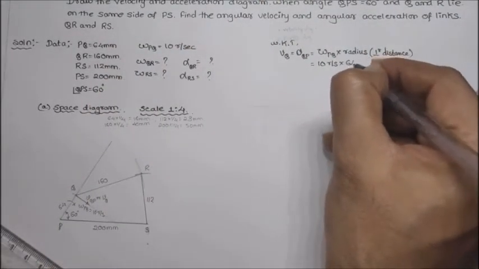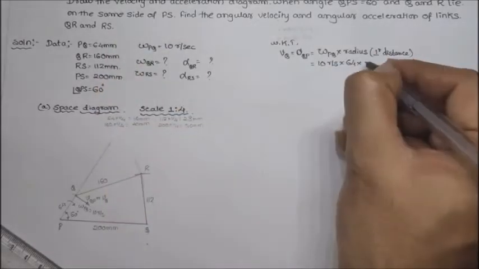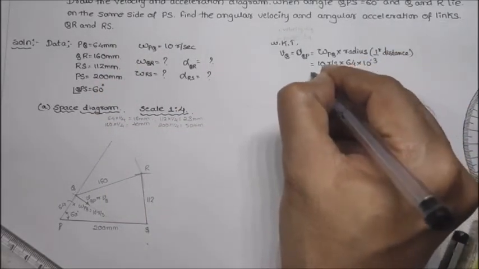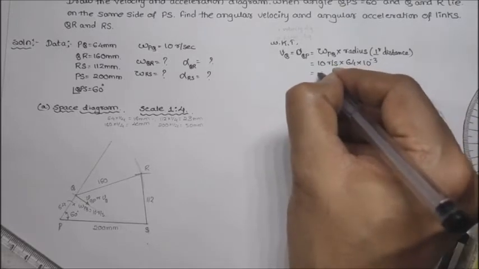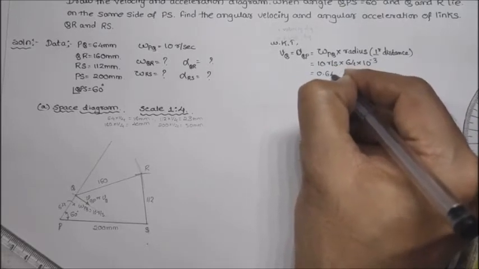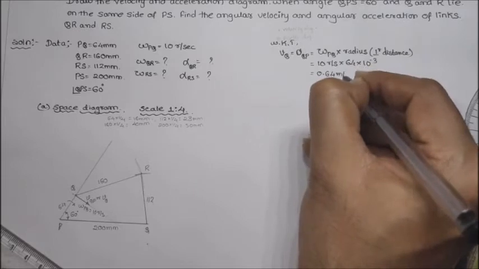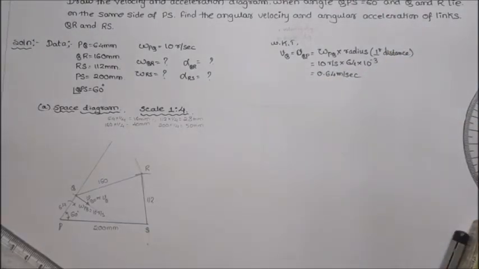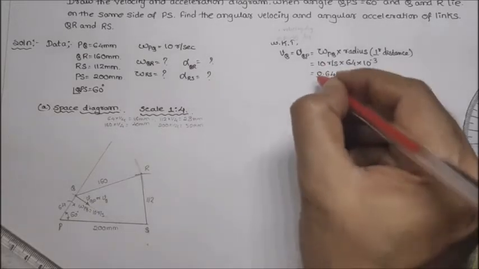So it is 64. It is in mm. I told you to convert it into meters. So the value will be 0.64 meter per second. So this is velocity of Q with respect to P, or just velocity of Q only.